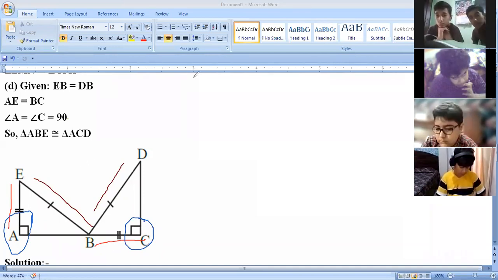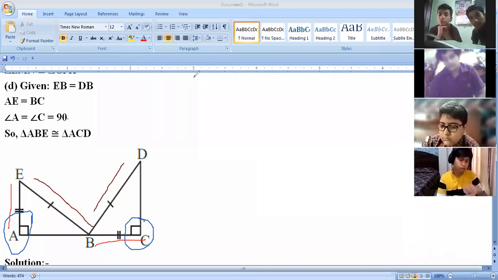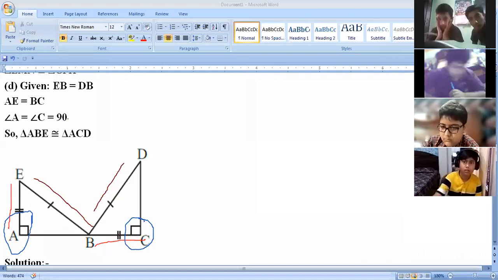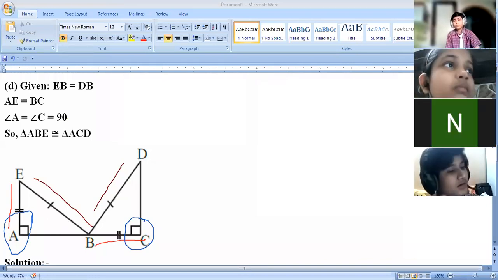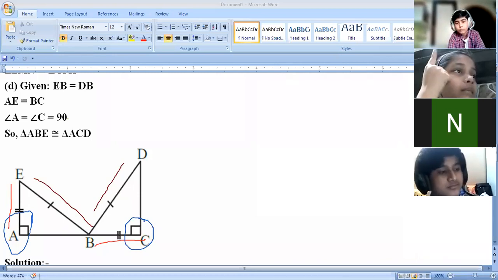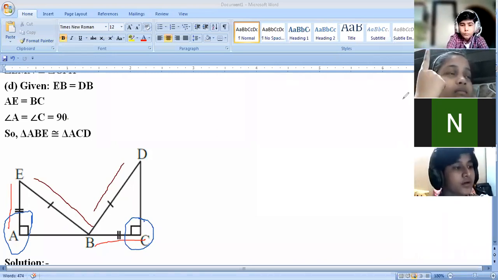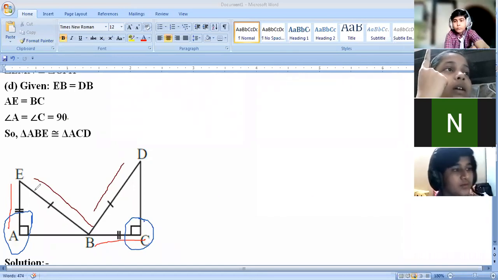If one angle is 90 degrees and the other two sides are given there. Come on. Which congruence criteria will work? Yes, Swastik, you are right. That is right.